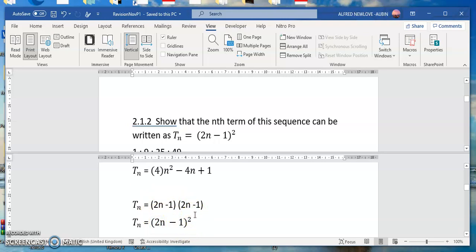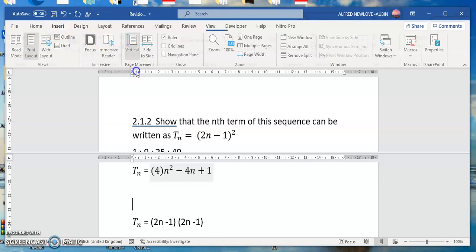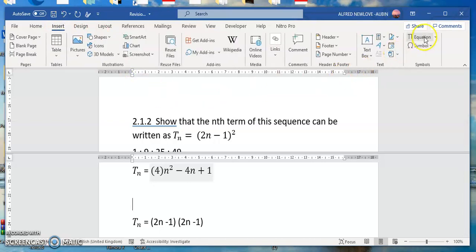Okay, I still have few minutes. Let's see if I can show you how to use the quadratic formula to factorize this. Okay, let's write a quadratic formula.